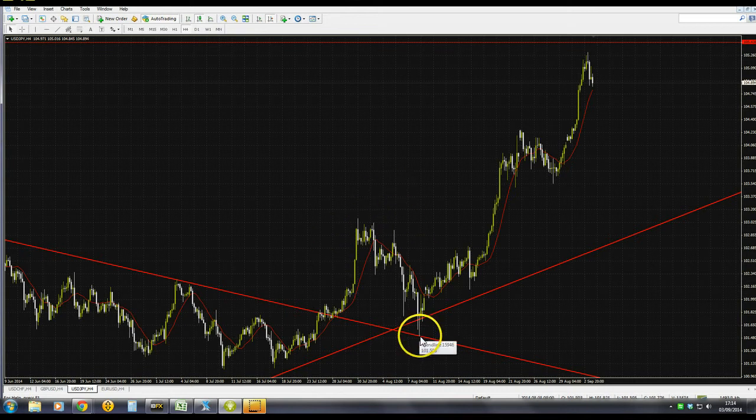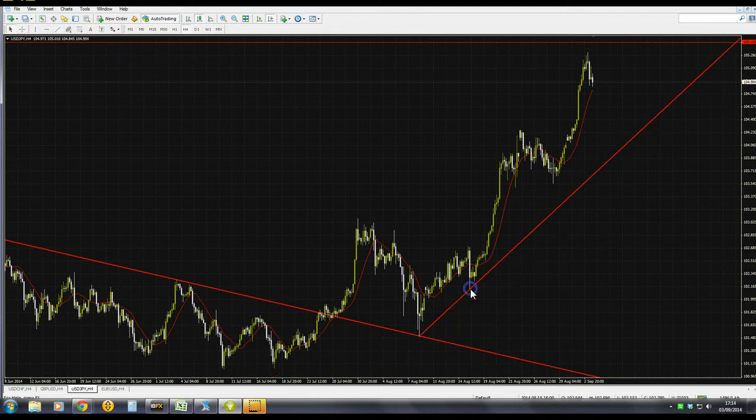You can see bounced off this one, so once was resistance, now it becomes support and carries on upwards. Draw a few more trend lines from this point to this point, A, B, C. So you draw on the A's and the C's, same as this one, A, B, C. So we draw another one in from here to here. That signifies a slightly faster trend line.